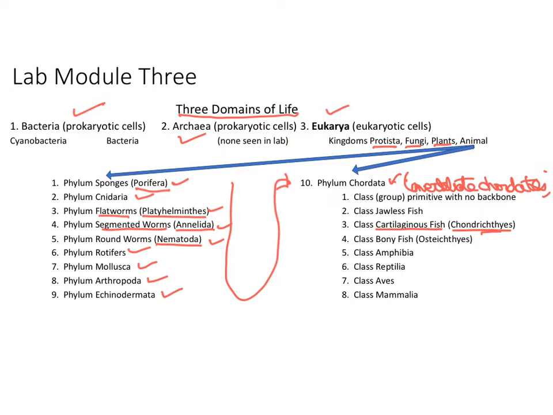Under the chordates, we're going to group these into the invertebrate chordates, which are a very odd little group. The jawless fish, also very odd. And then we get into ones that I'm sure you're more familiar with. Cartilaginous fish, bony fish, amphibians, reptiles, aves, which are birds, and the mammals.